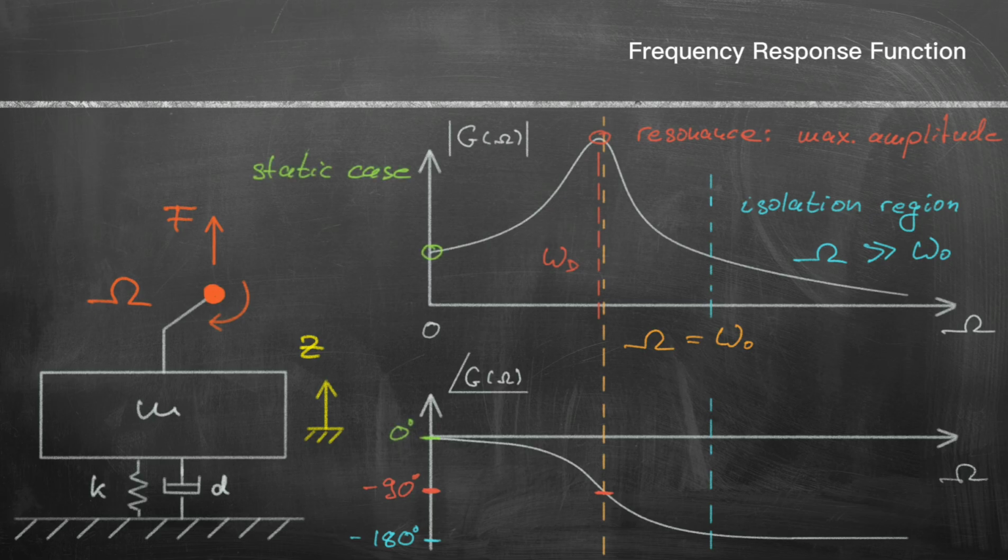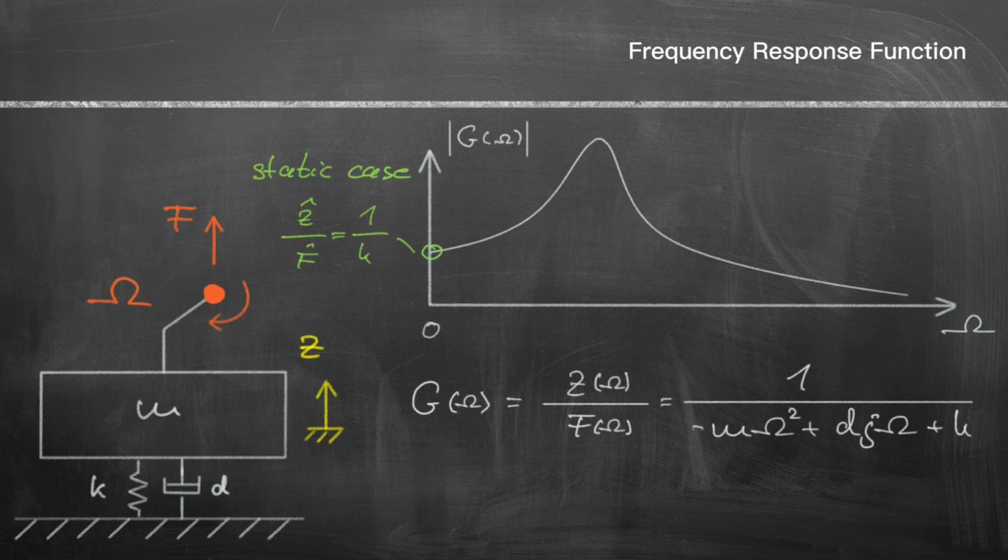In the static case, on the other hand, the magnitude of the transfer function is 1 divided by k, which is nothing other than the static compliance of the system, meaning the compliance when capital omega equals 0. The phase lag in the static case is correspondingly 0 degrees because there are no dynamic effects.